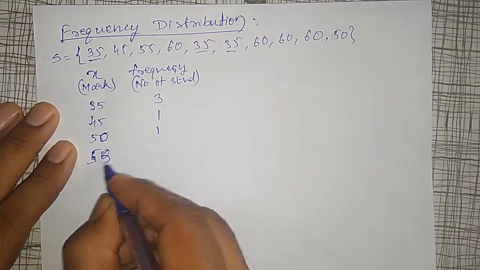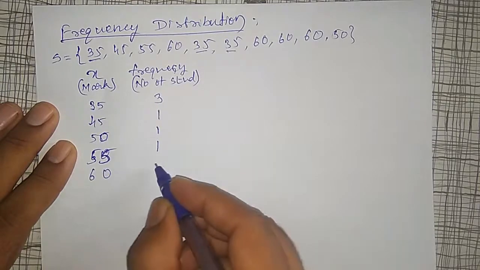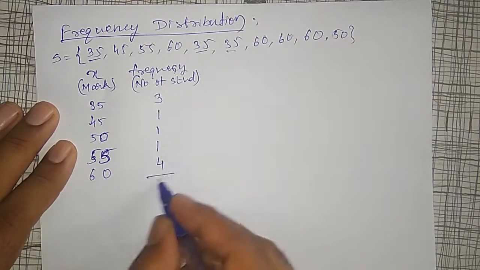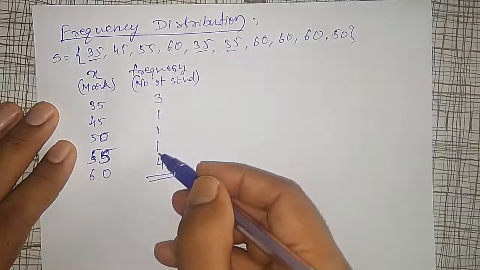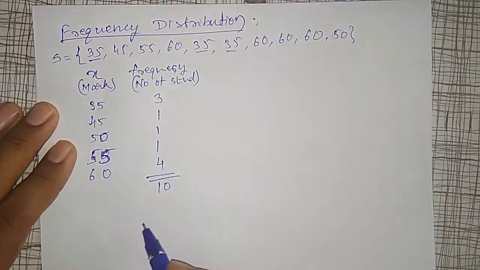Then 55: 1 student. Then 60: 4 students. Therefore, the total number of students is 10.